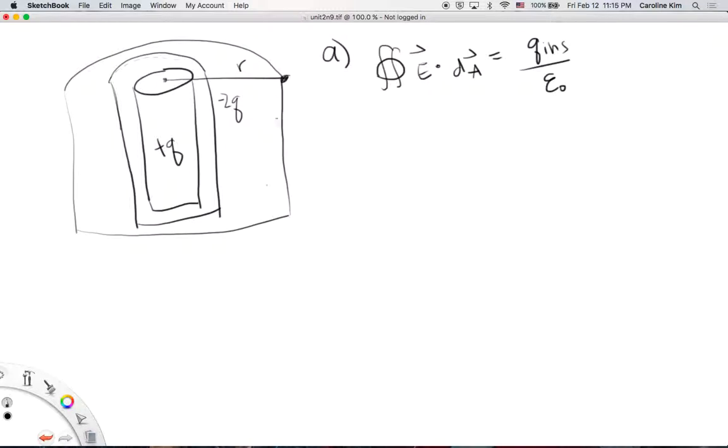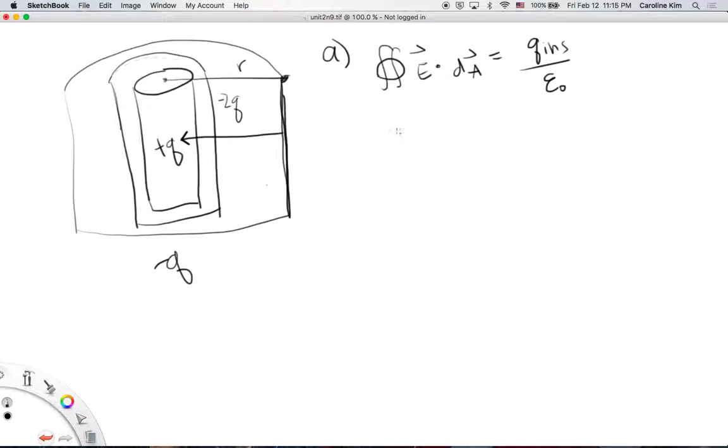the field lines are in this case going to go inwards because the total charge inside is going to be negative Q and the field is always in the direction of the positive charge. So it's going to go inwards and it's going to pass through the sides of the cylinder but not through the top.